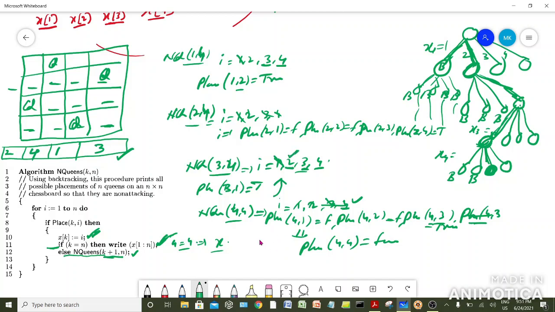It means we need to go for this branch. We need to follow this branch. Can we have the solutions using this branch? Once this is done, then we are going to follow this branch. This is also done, then we need to go for this branch. In this way, all the possible solutions of the n queens are going to be printed.